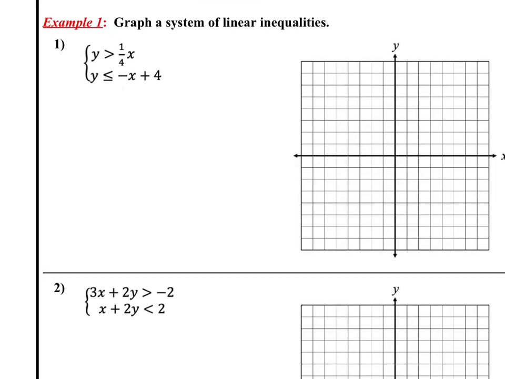Our first equation is y is greater than 1/4 x. So that would be the line that starts at 0 and has a slope that goes up 1/4. I'm going to do color coding since we have 2 today. Starts at 0 and goes up 1/4 because it's positive.